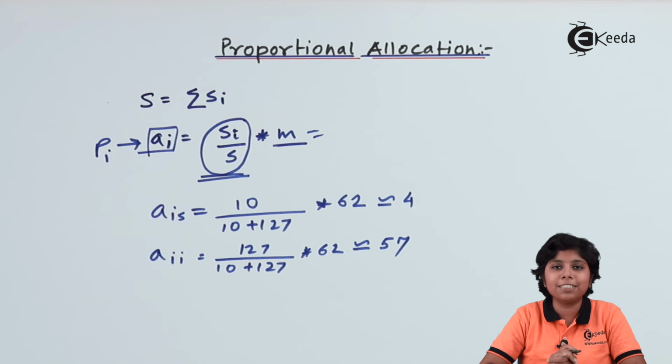Now, for these allocation schemes, priorities do not matter. That is, a high priority process is treated the same as a low priority process. But by definition, we should allocate more memory to the high priority process to speed up its execution. So here we can use the proportional allocation ratio, using not the relative size but a priority-based ratio.